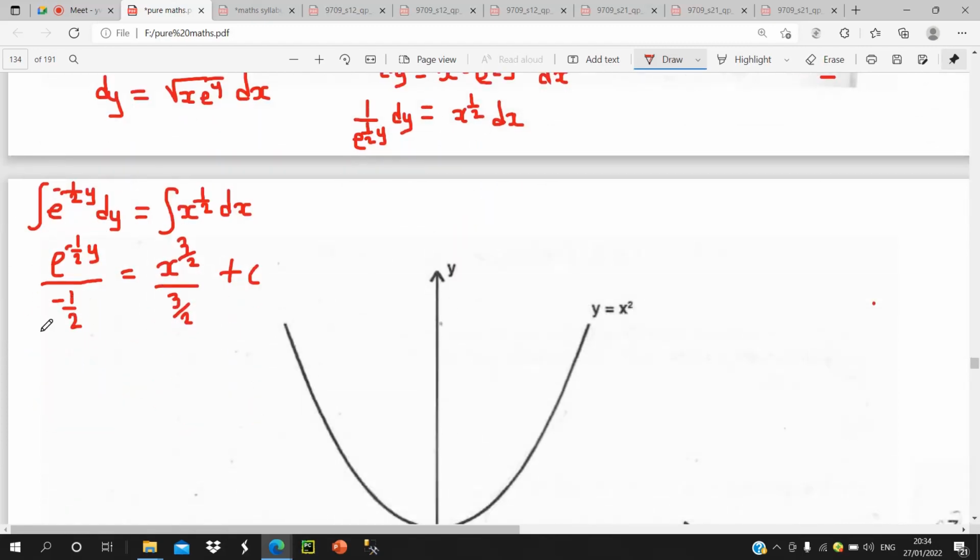Right, this one dividing by minus half is like multiplying with minus 2, right? Yes. And also dividing with 3 over 2 is like multiplying with what? 2 over 3.